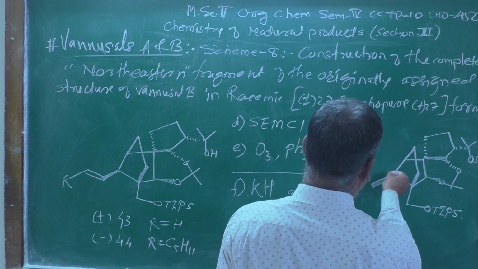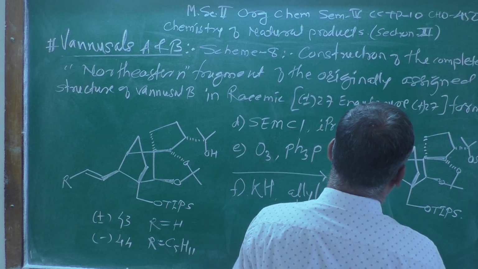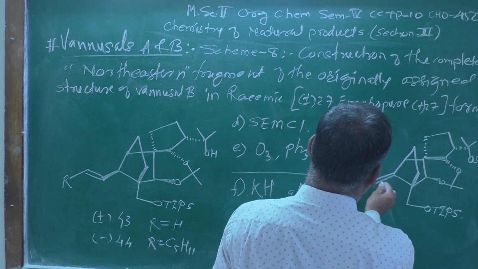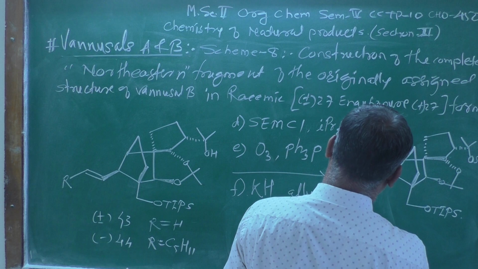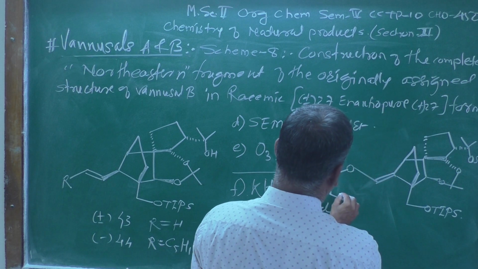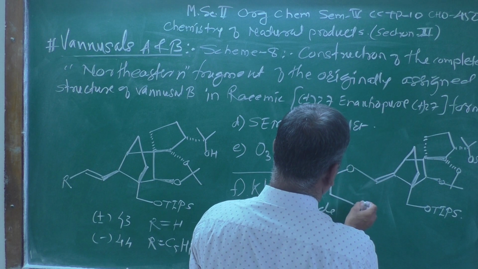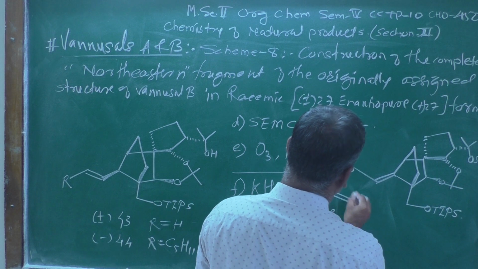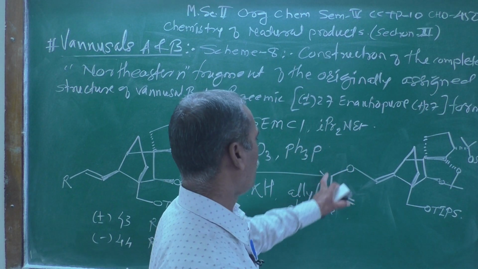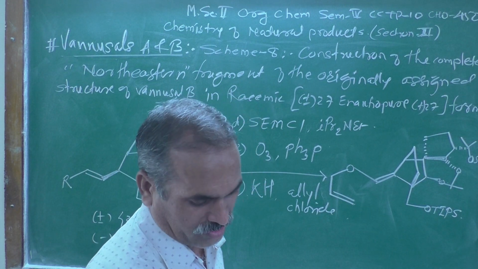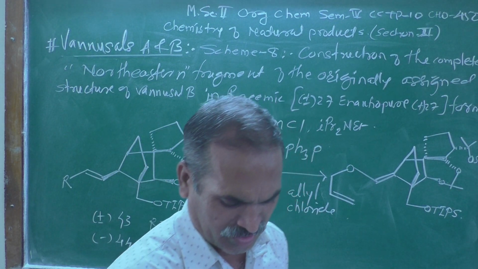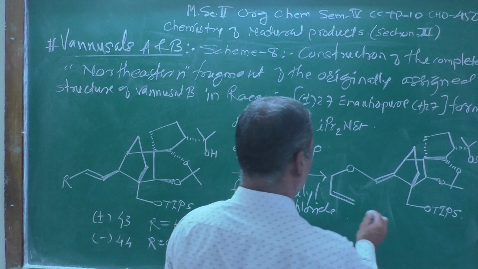comes here, then there is the oxygen atom. This is the compound which we are going to get. This is the allyl part from allyl chloride, and this is the structure which we got, that is the plus minus compound.